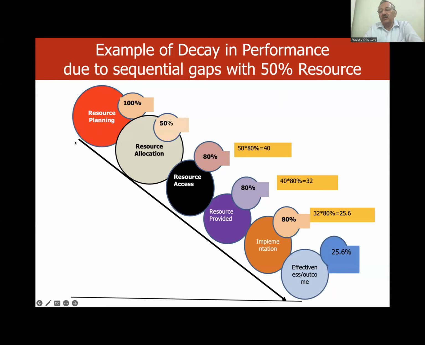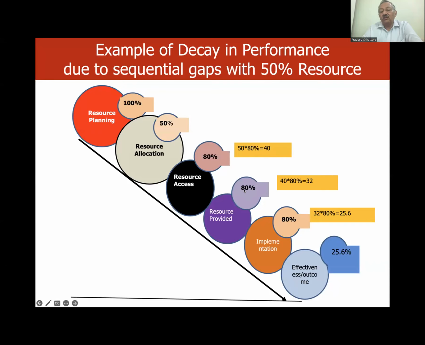Because ultimately your entire thing is just what you have planned. And this 80%, whatever access you are given, you have utilized 80%. So again, of the 40% which you have got, you have actually got 32%.